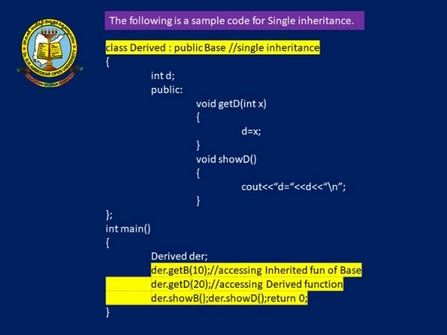Next, der.getD accesses its own member function, getD, which is also accessible because it is a public member function. Next, we have der.showB, invoking a base class member function. showB is again a public member function, so it is accessible. Next, der.showD invokes the showD member function, which is a member function of the derived class.